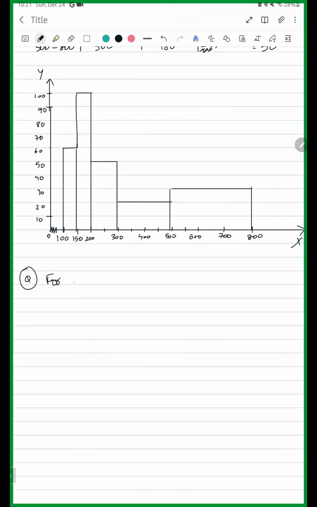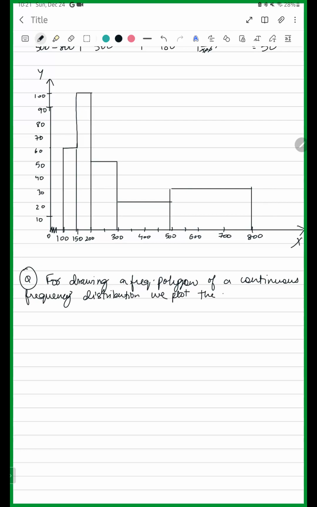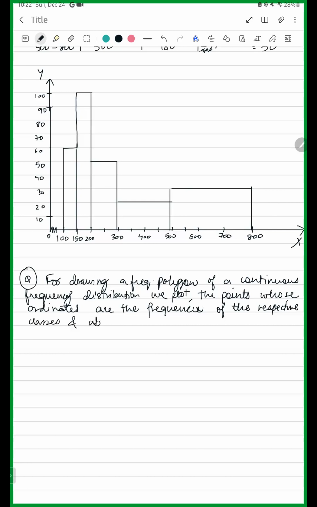For drawing a frequency polygon of a continuous frequency distribution, we plot the points whose ordinates are the frequencies of the respective classes, and abscissae, the plural of abscissa, are respectively what?